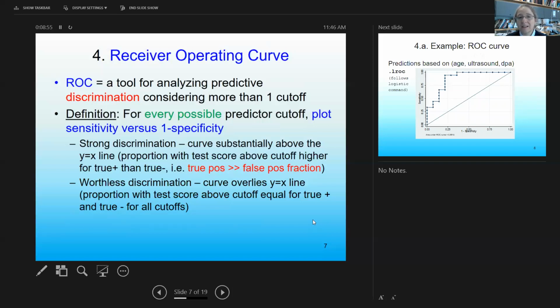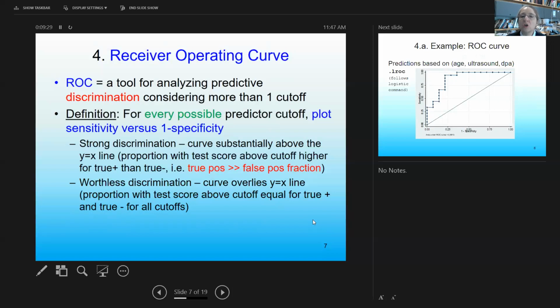And in fact, this curve considers every possible predictor cutoff, which basically would be every single observed value of predicted probability. So for every possible predictor cutoff, the ROC curve plots sensitivity on the y-axis versus 1 minus specificity on the x-axis. That is, true positive versus false positive fraction.